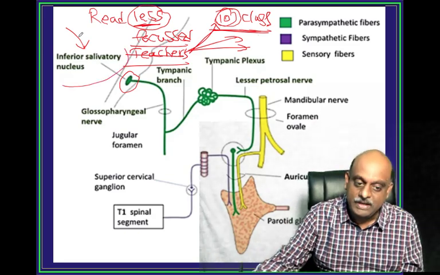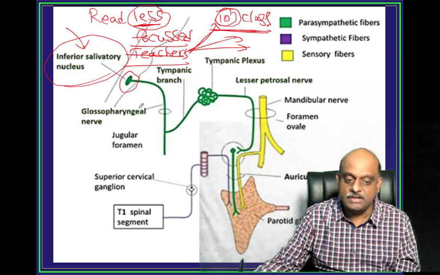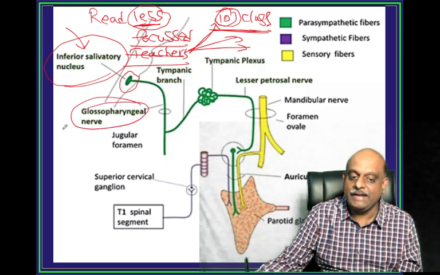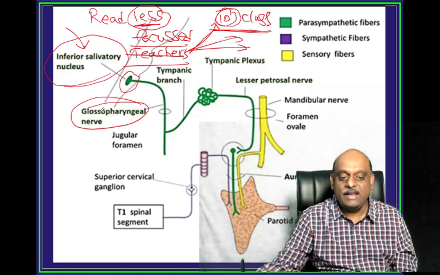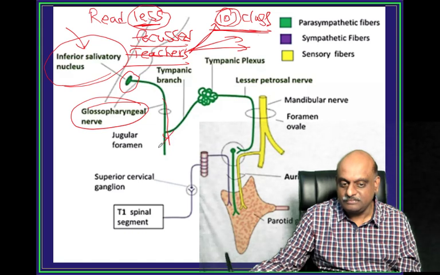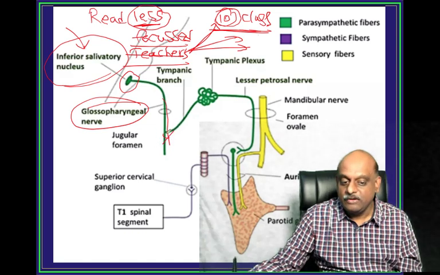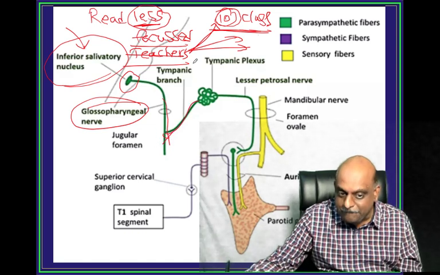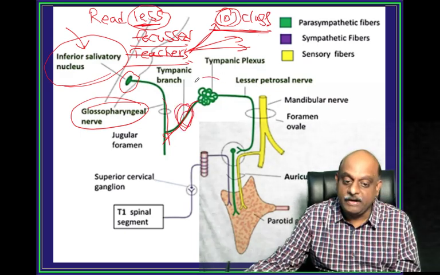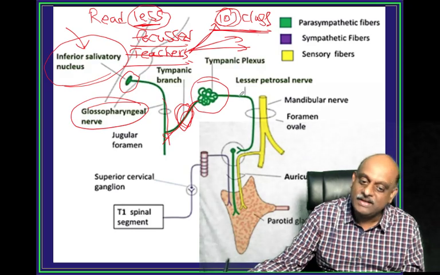So, doc, from the inferior salivatory nucleus comes out the glossopharyngeal nerve. Now, this passes through the jugular foramen. Then, from this comes the tympanic branch. This is called the tympanic branch. It forms the tympanic plexus.